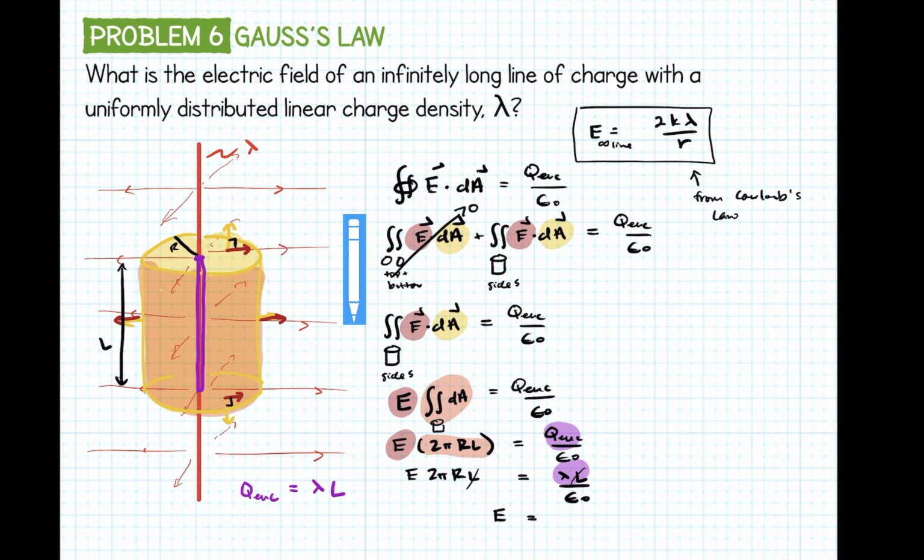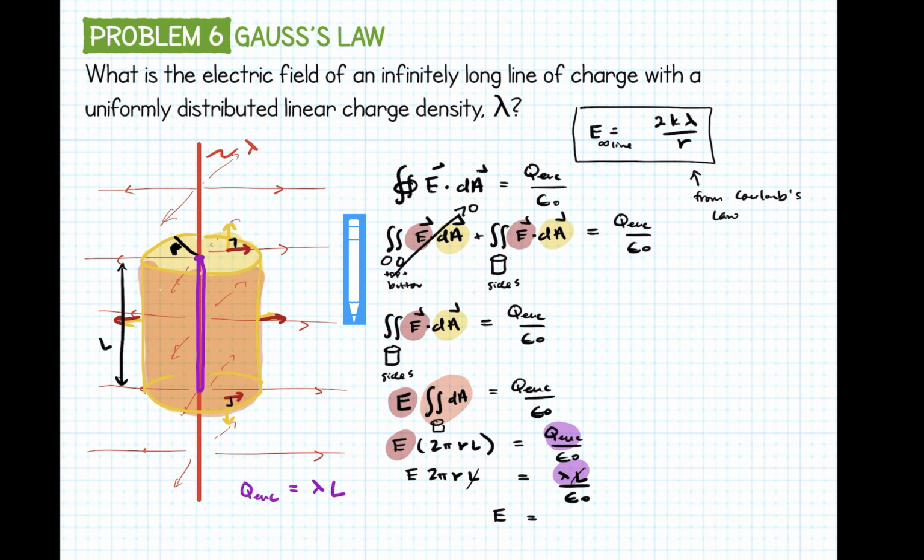this R should be lowercase r. Quick adjustment. Now, why is this R lowercase r? Well, it's lowercase r because this is the Gaussian surface.